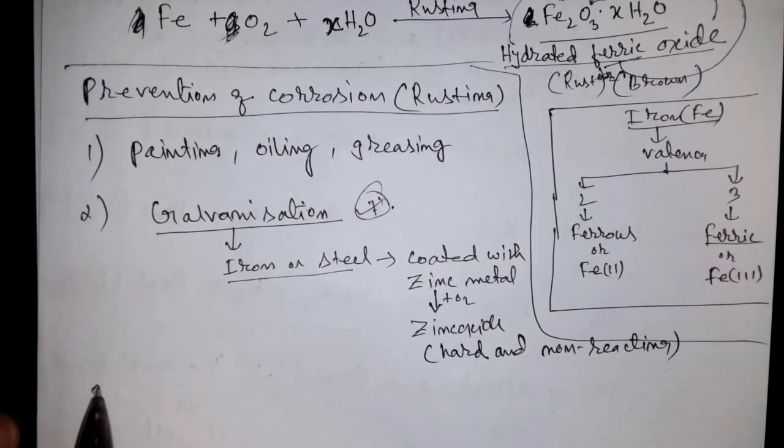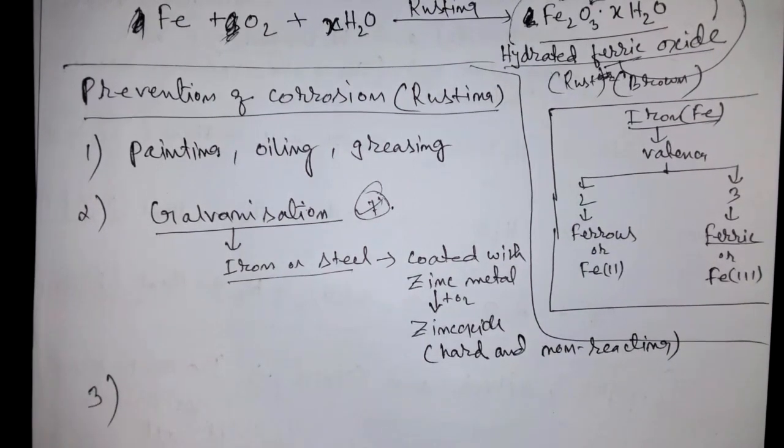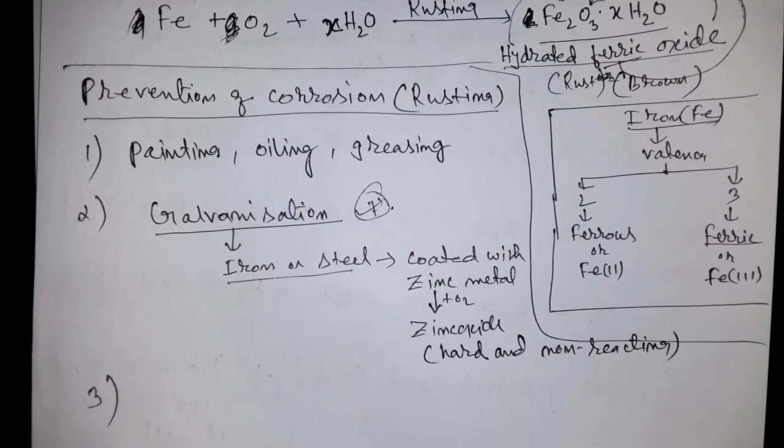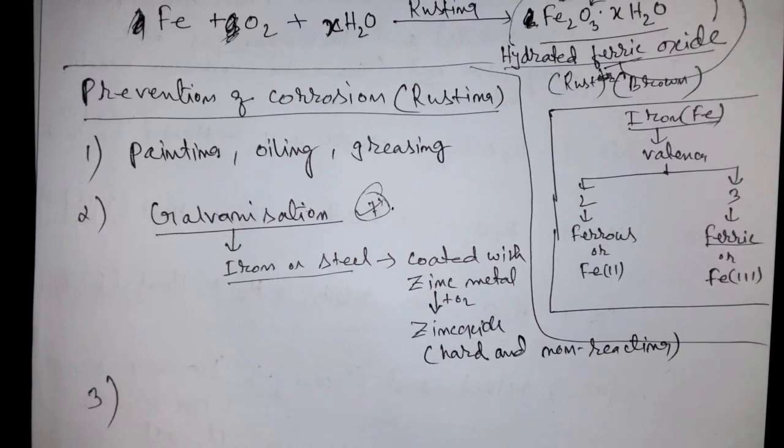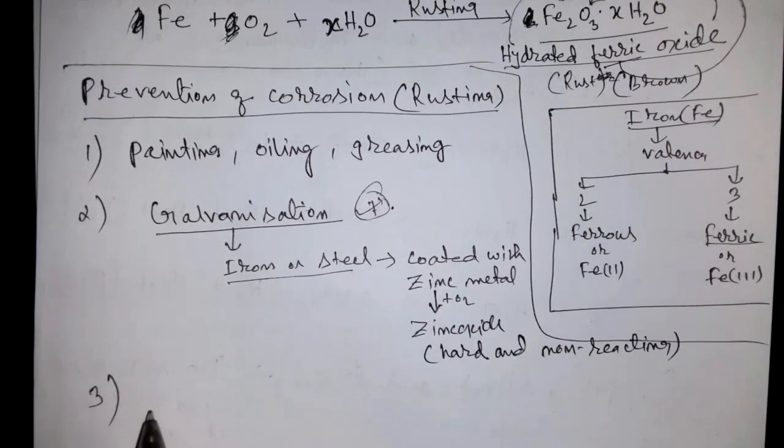Okay, the third process, what is mentioned in our textbook? Okay, alloying, or we can say electroplating also.